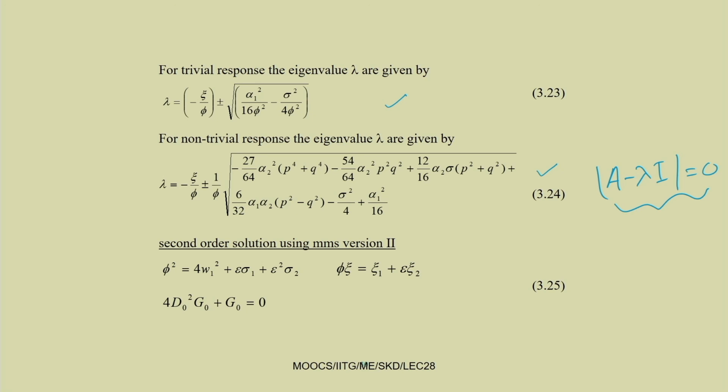If you want to do the second order, there are two different versions of the method of multiple scales. If you are using the method of multiple scales version 2, which is proposed by Rahman and Burton, you can see a variation of that in the paper by Dwivedi and Kaur, published in 1999 in Nonlinear Dynamics.